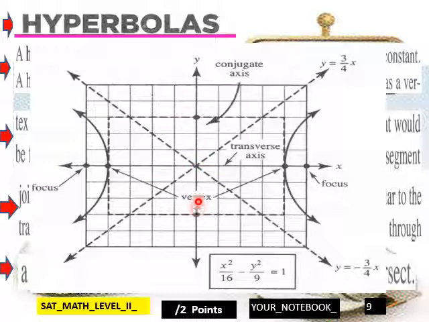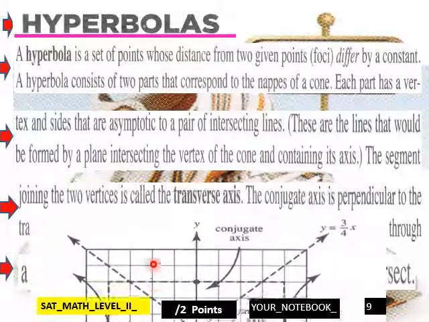This is what they call the conjugate axis, and then this is your focus here. Focus, vertex, vertex, and then these are your asymptotes here. This is your slope of your asymptote, and that is a sketch of a hyperbola and its asymptotes.